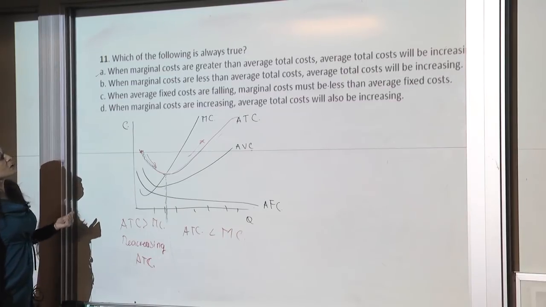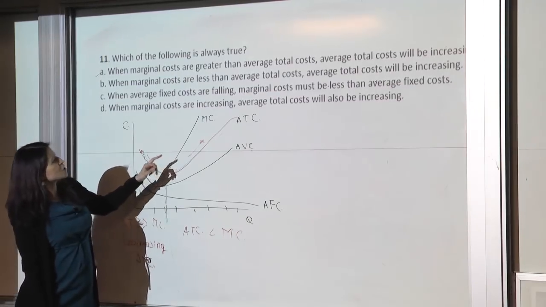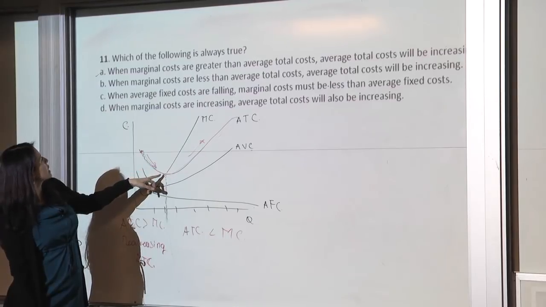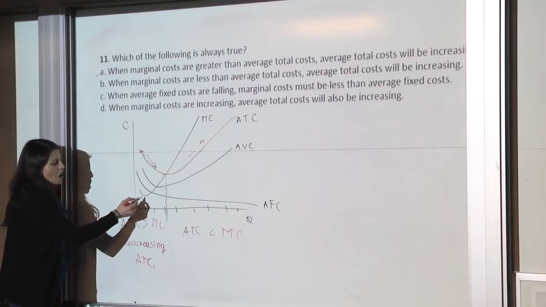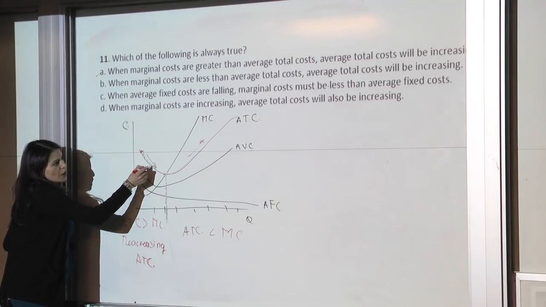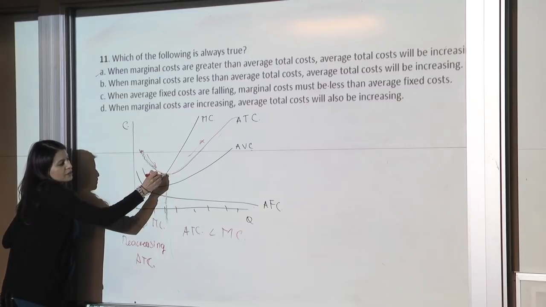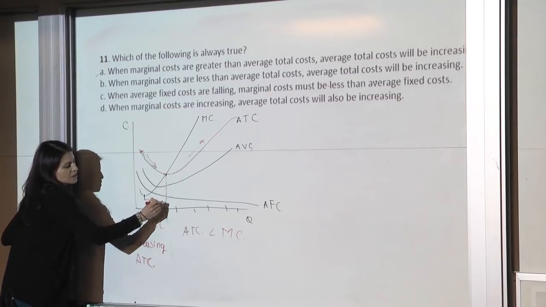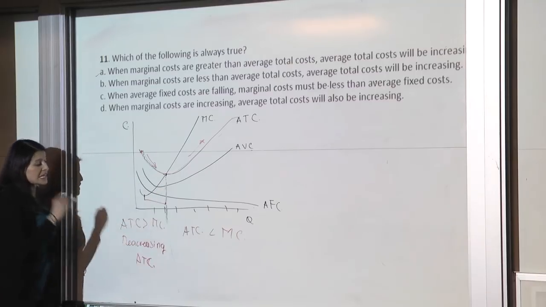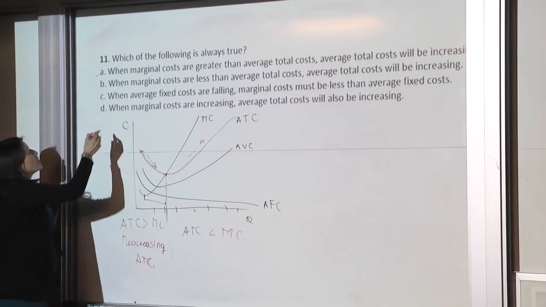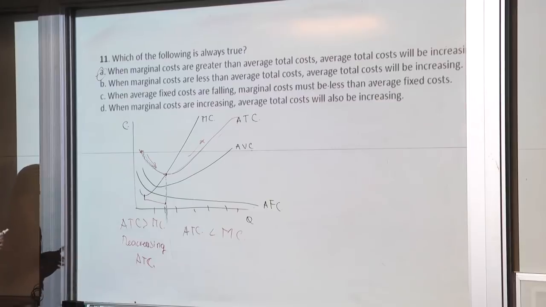And when marginal costs are increasing, average total cost will also be increasing. Not necessarily, because marginal costs start increasing here and average total cost starts increasing here. So in this part, average total cost is decreasing instead of increasing. So the answer is A.